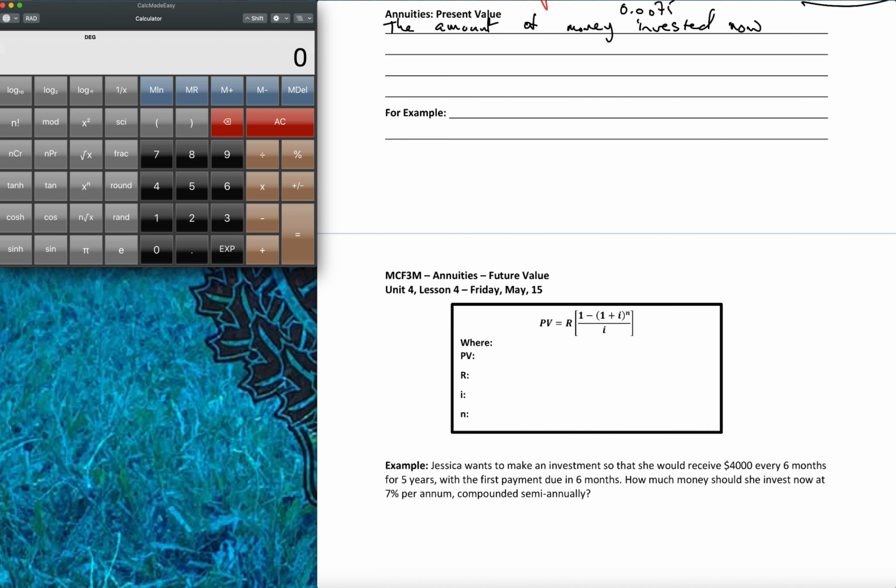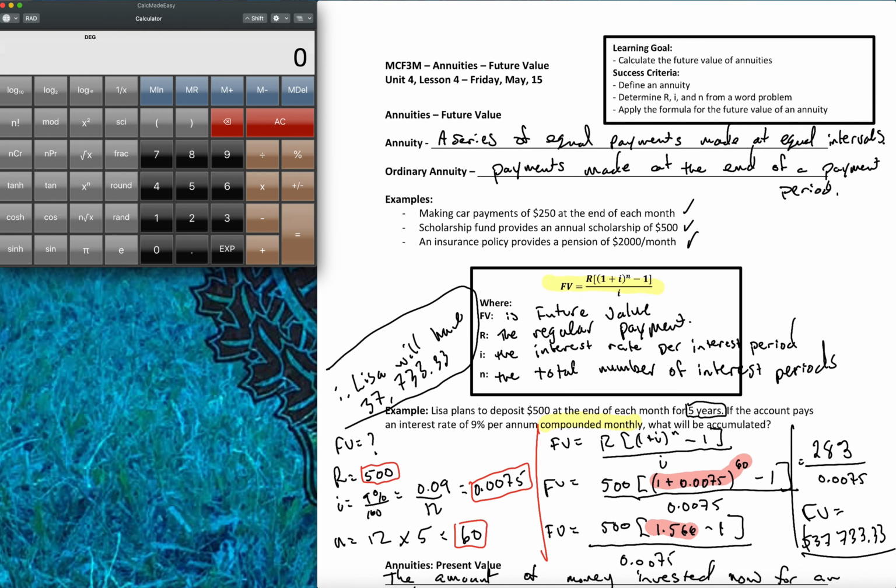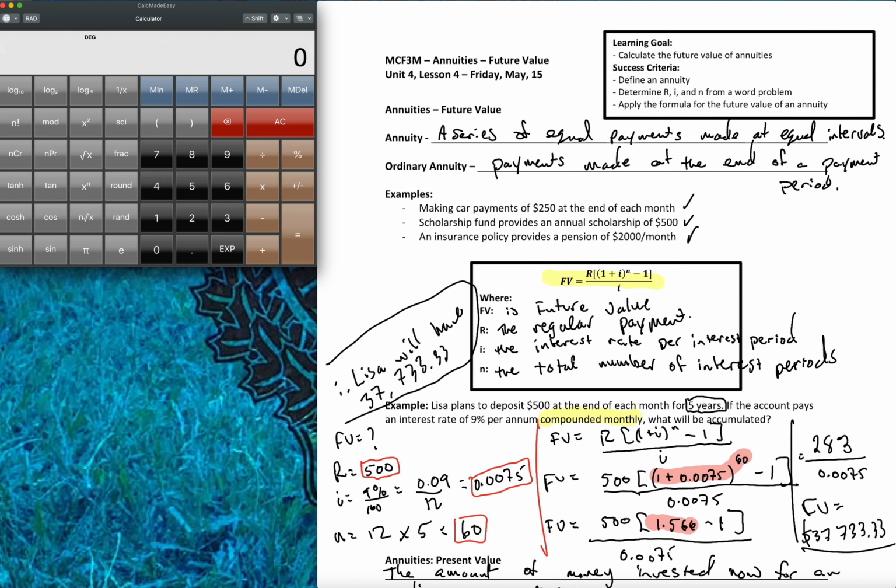So it's what you have to invest now in order to get some amount of money out at the very end. If you remember, we defined what an ordinary annuity was at the top: payments made at the end of a payment period.